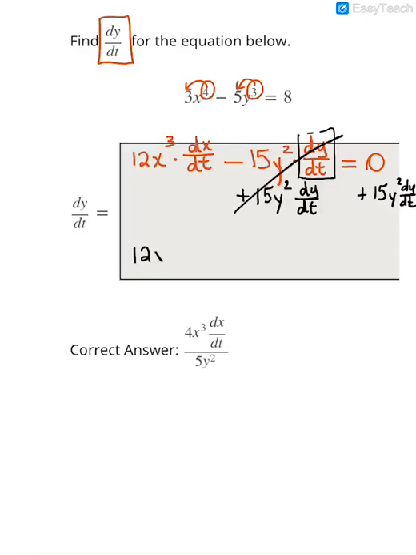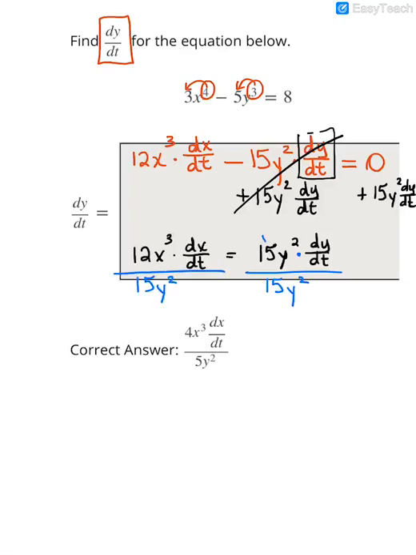So I've got a 12x cubed times dx dt, and that is equal to a 15y squared times dy dt. And again, I'm trying to get that dy dt by itself. So since it is being multiplied by 15y squared, I am dividing both sides by 15y squared.